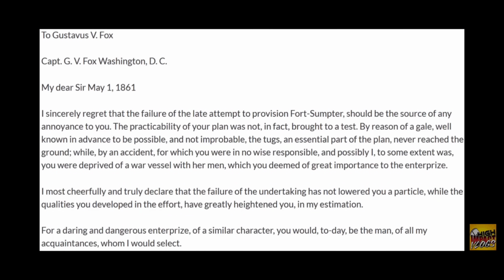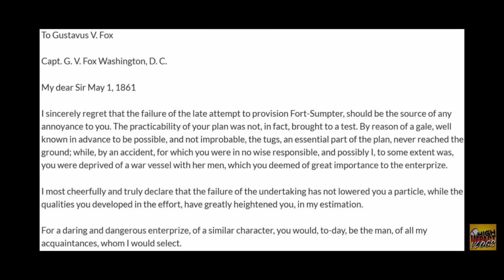To Gustavus V. Fox, Captain G. V. Fox, Washington, D.C. My dear sir, May 1st, 1861. I sincerely regret that the failure of the late attempt to provision Fort Sumter should be the source of any annoyance to you. The practicability of your plan was not, in fact, brought to a test.